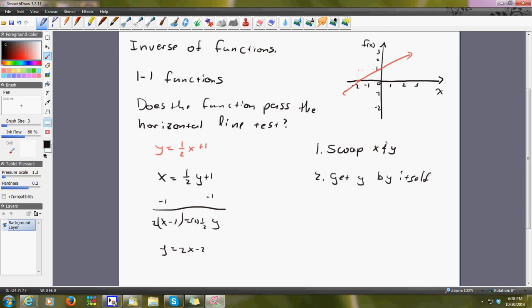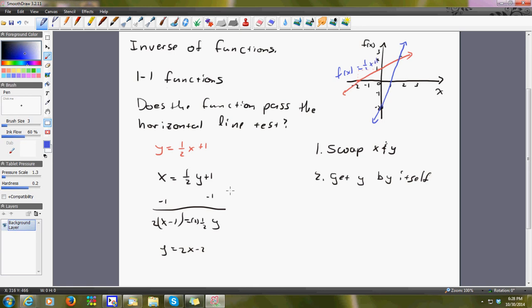Something interesting happens here. I'm going to do this in blue. For the slope of 2, I go up 2 over 1, up 2 over 1, and this is a pretty awful graph, but this is f of x equals 1/2 x plus 1.